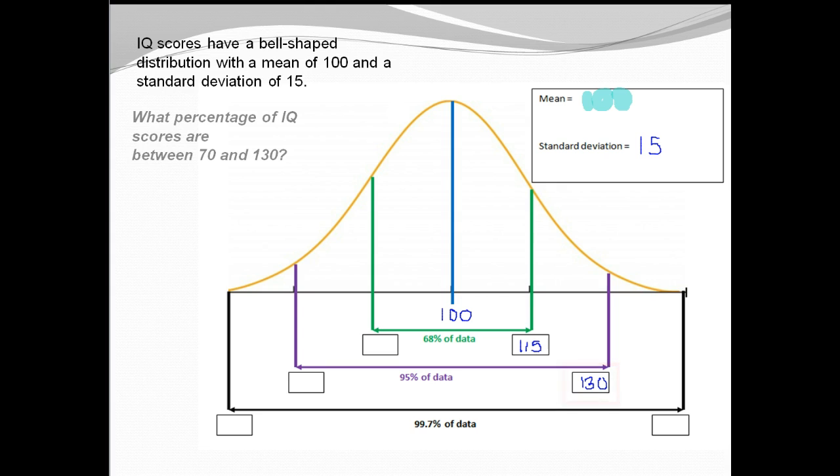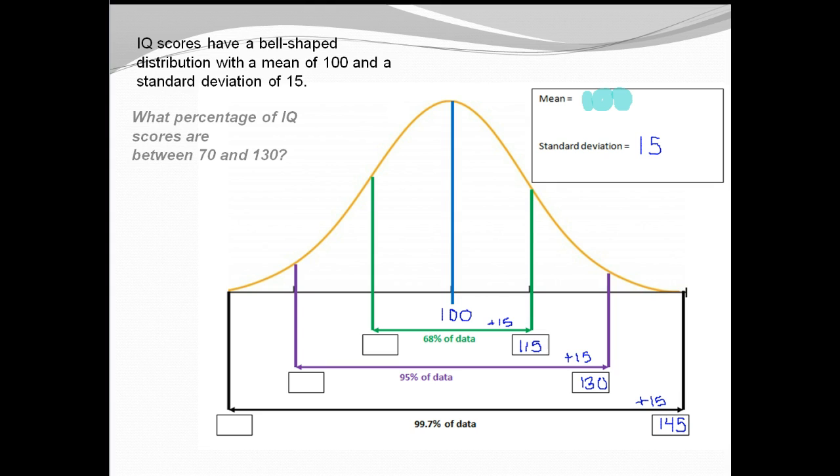Notice how we're just adding a standard deviation each time we move out. Now we add another standard deviation, and we have 145. We're just adding 15 each time. So it's really 15, and then 2 times 15, and then 3 times 15.